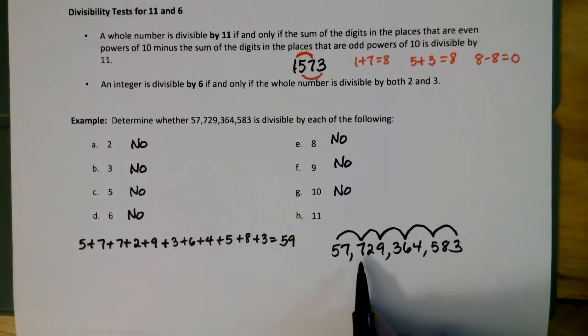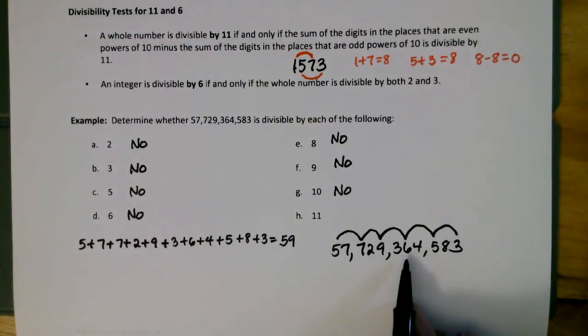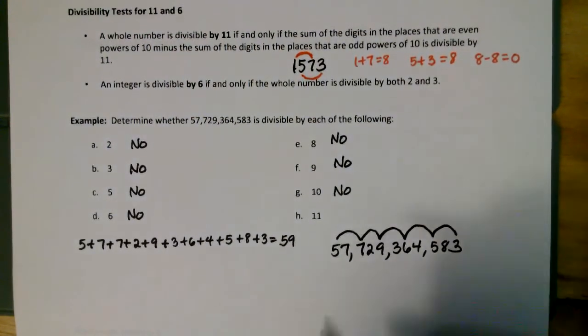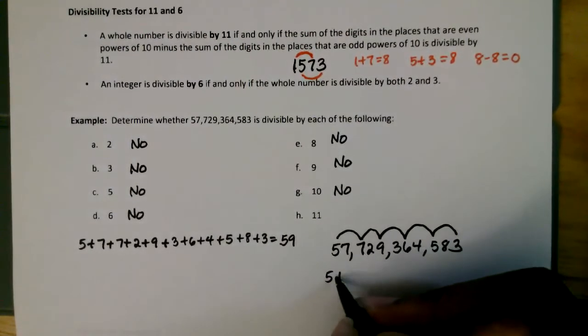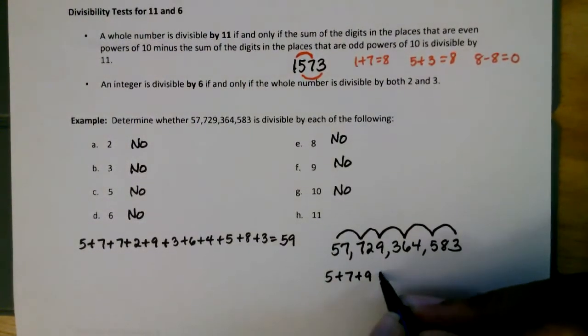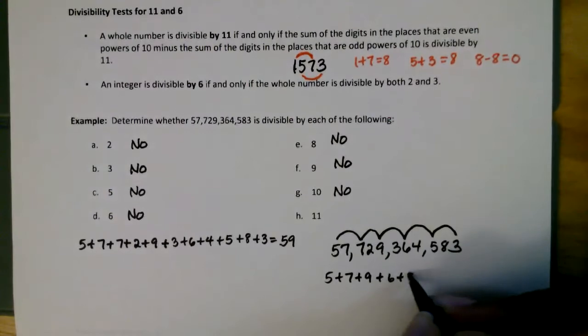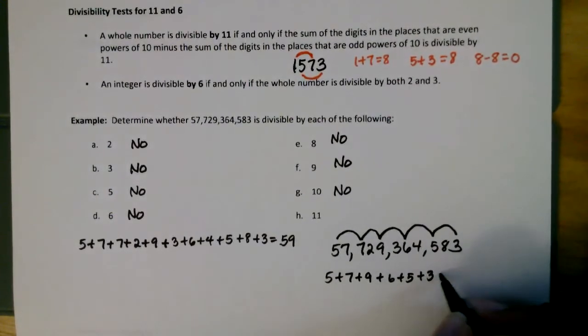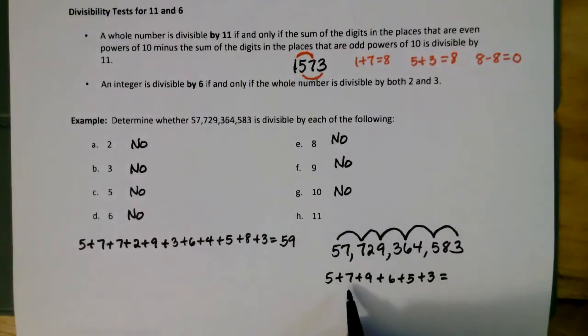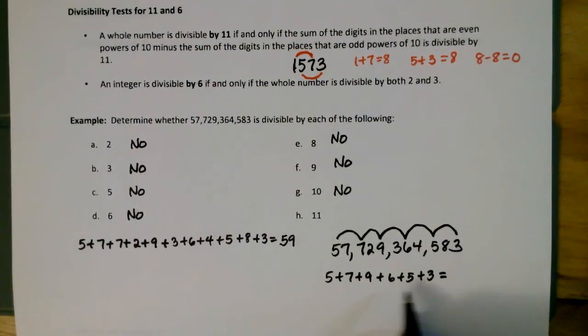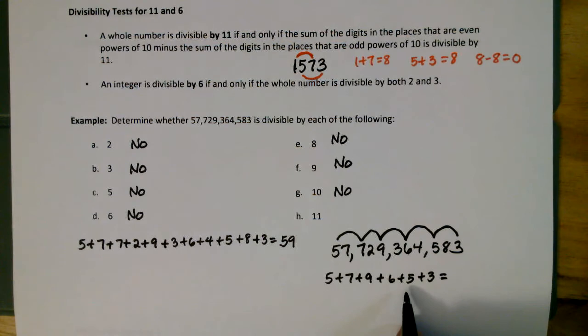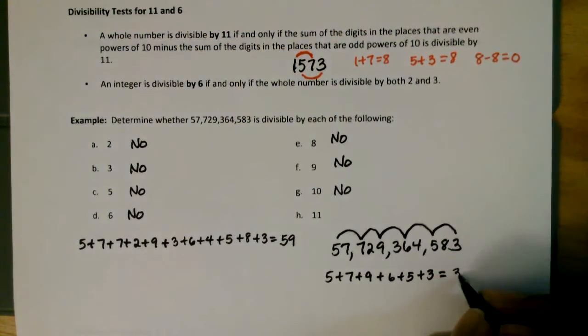And that's the 5, the 7, the 9, the 6, the 5, and the 3. 5 plus 7 plus 9 plus 6 plus 5 plus 3. That sum is going to be 12, 21, 27, 32, 35.